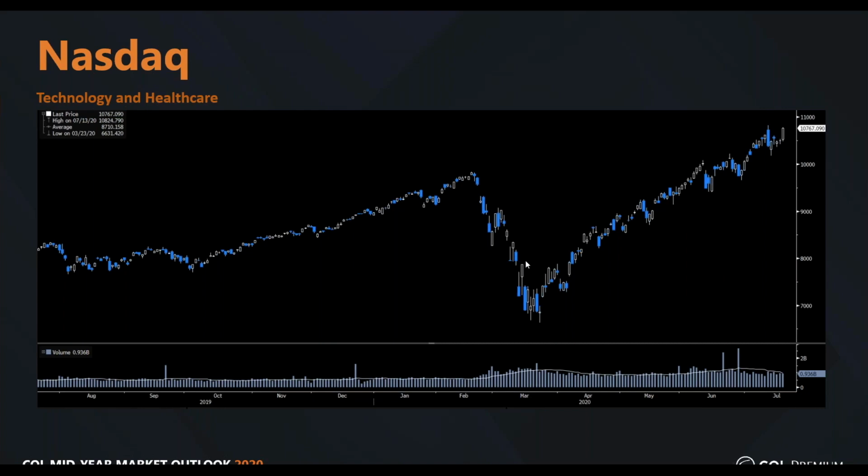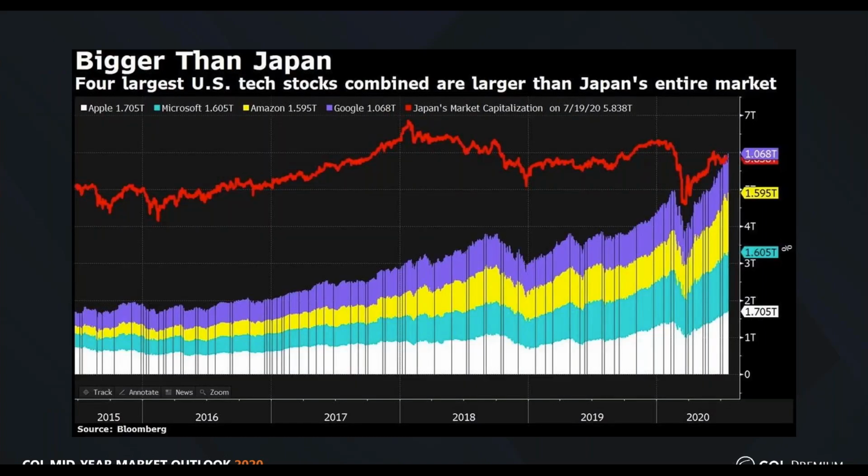This includes all the new normal issues: technology, the cloud, the AI, the 5G, biotechnology, all these vaccines that are being developed. And the top 4 issues listed in the US, Microsoft, Amazon, Google, even Apple, the stocks which comprise the FANG indirectly, are now equivalent to the total market capitalization of Japan.